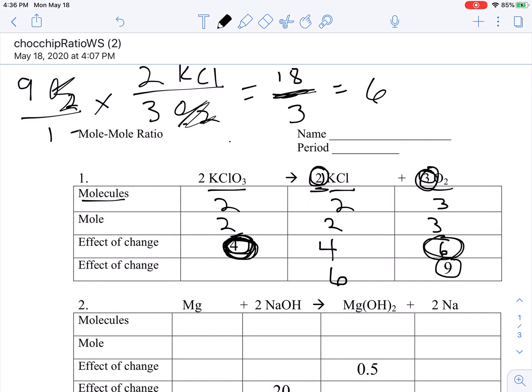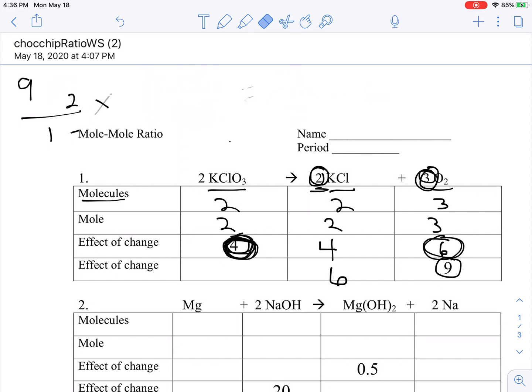And the same thing between the oxygen and the potassium chlorate. If we start out with 9 oxygen, the mole ratio between oxygen and potassium chlorate is 3 to 2.